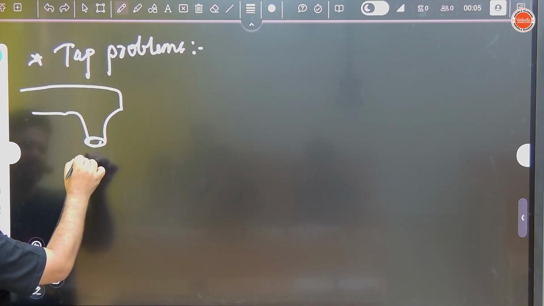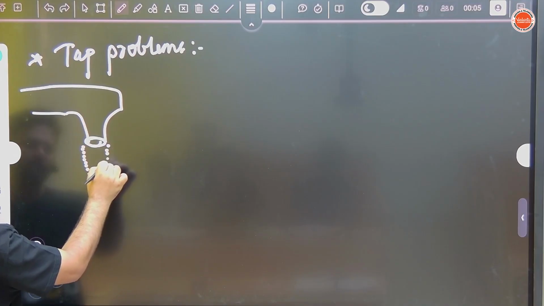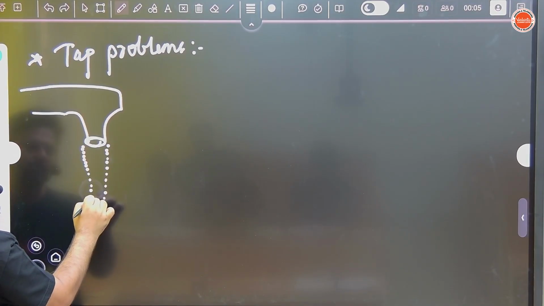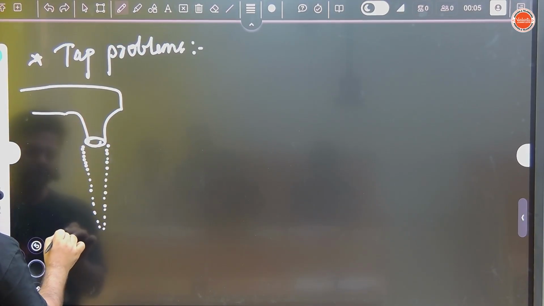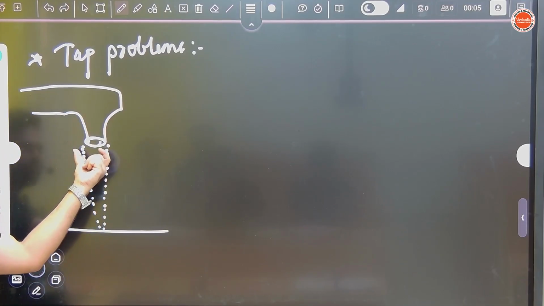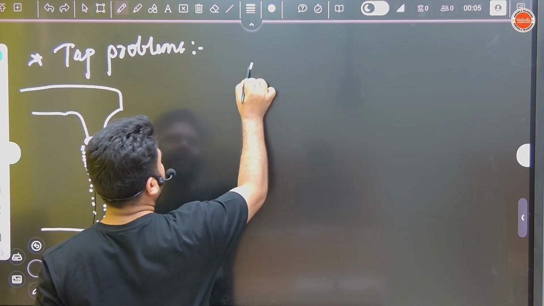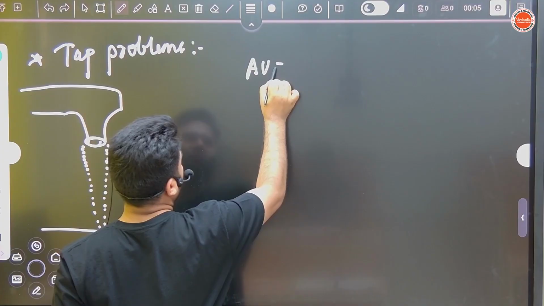You must have seen that suppose water is coming like this, as it falls on the ground. Here this area is broader and here this area is narrow. Now why does it happen? What I told is that area into velocity is always constant.